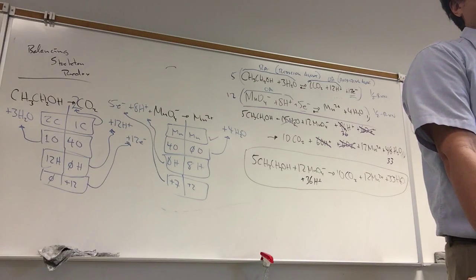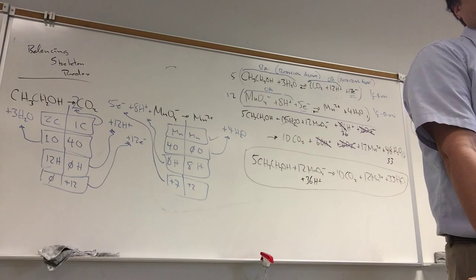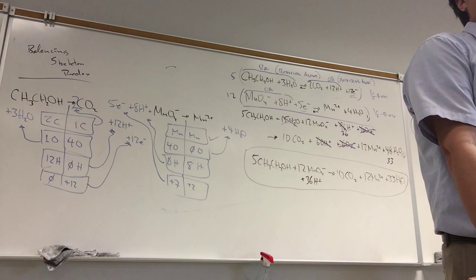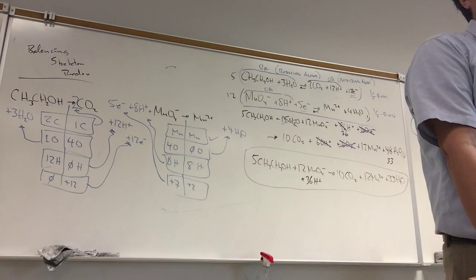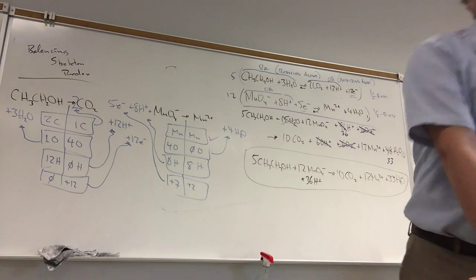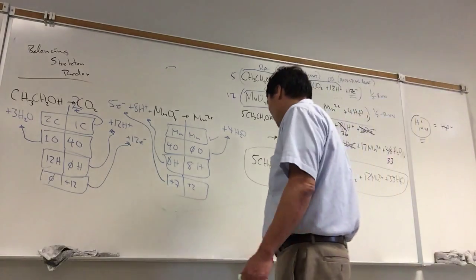Like opposites. Okay, let me be more specific. What is a conjugate acid-base pair? If it's an acid on one side, then it will have a conjugate base in the reaction. Right, the conjugate acid-base pairs.